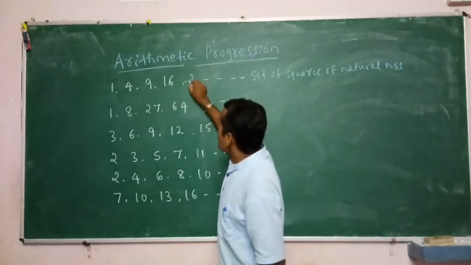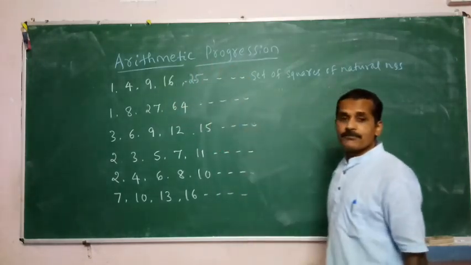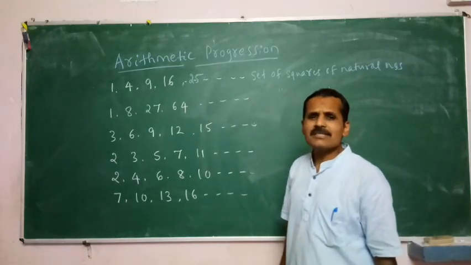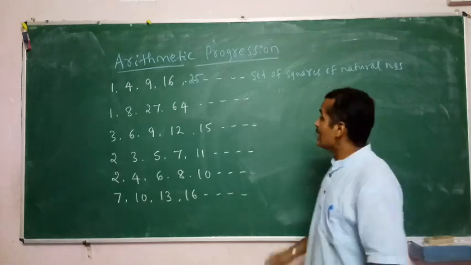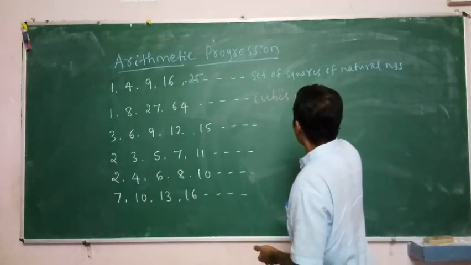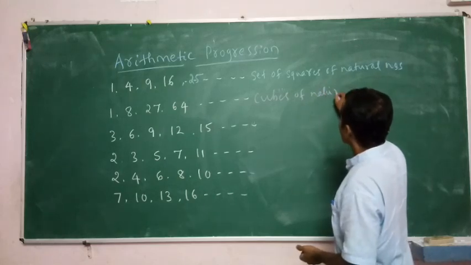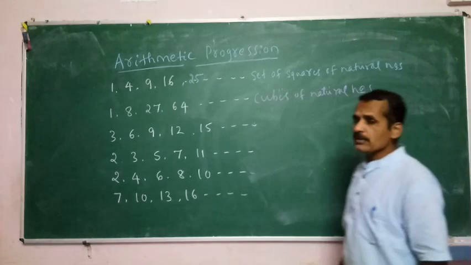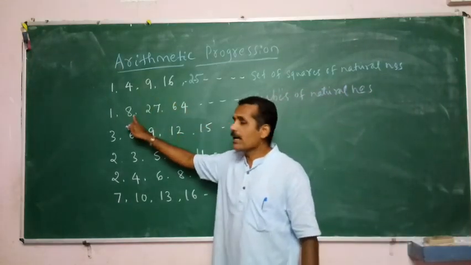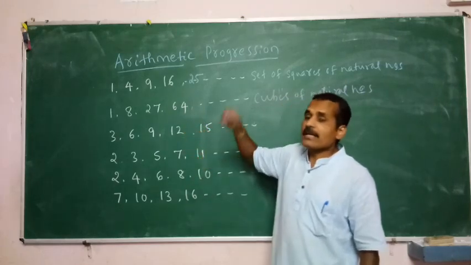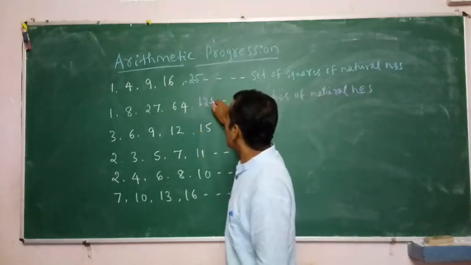If I add the next number, 5 square is 25. Come to the second set of numbers. These are the cubes of the natural numbers. 1 cube is 1, 2 cube is 8, 3 cube is 27, 4 cube is 64. If I add the next number, 5 cube is 125.